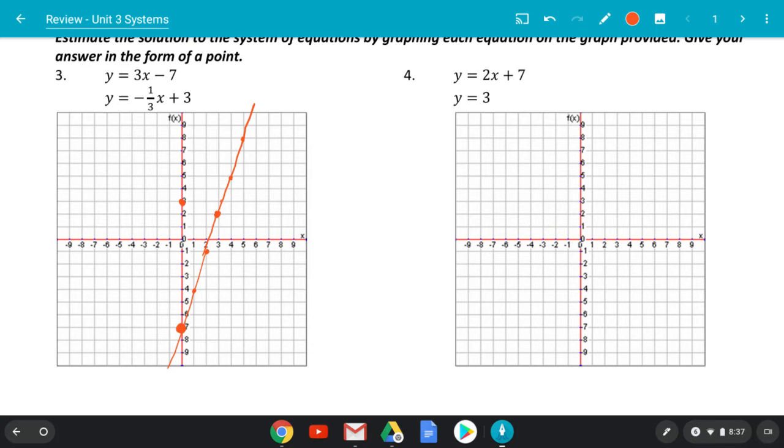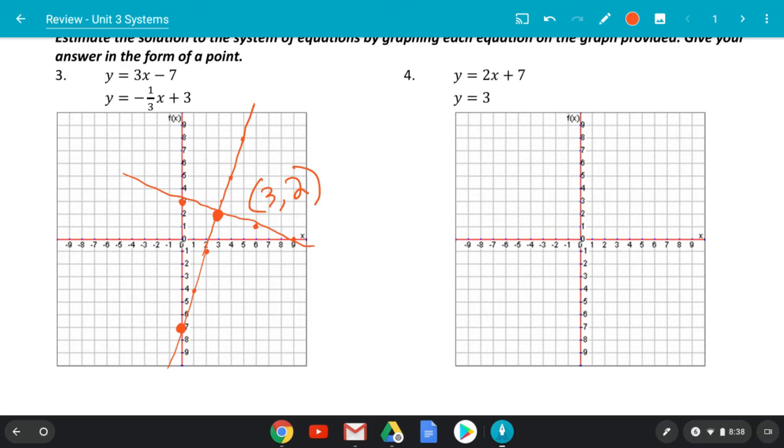There's the point where they intersect. My line's not very straight, it's kind of crooked, but I know that point is right there, which is the point (3, 2).